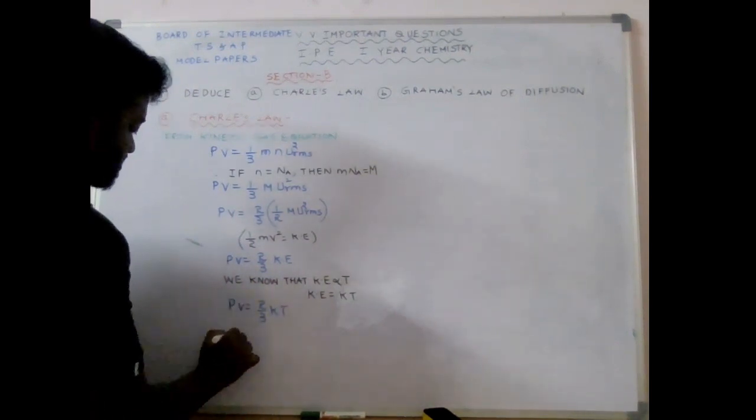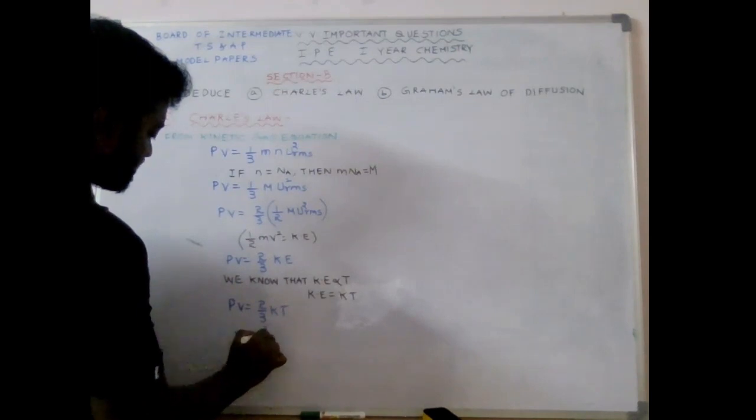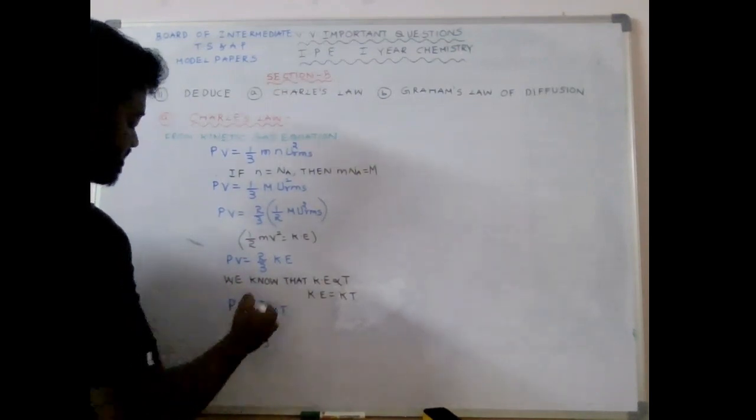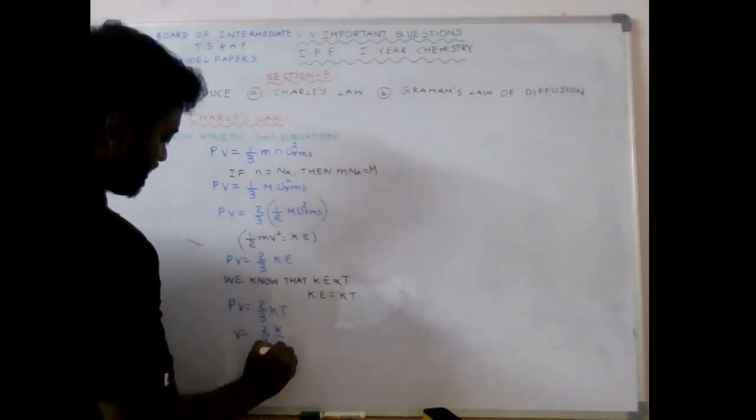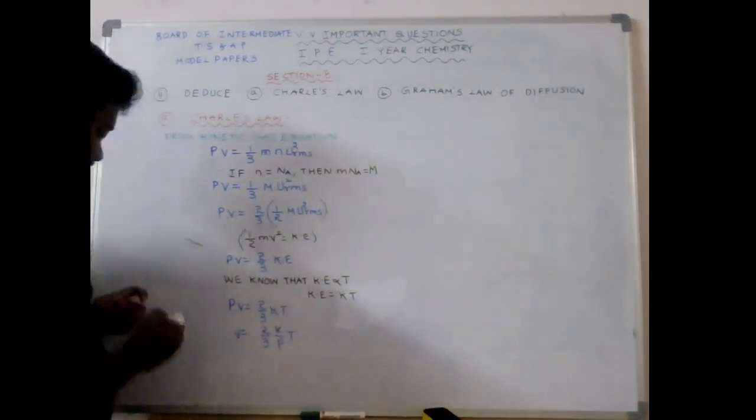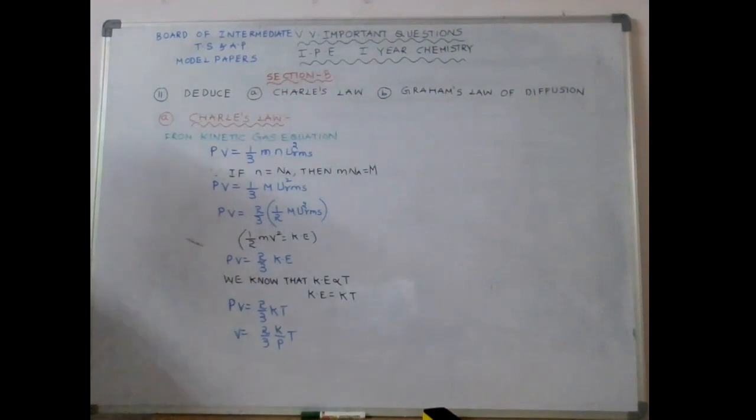V is equal to 2 by 3 K by P into T, where we send P to the right side, so multiplication becomes division. 2 by 3 is a constant, and K is also constant.